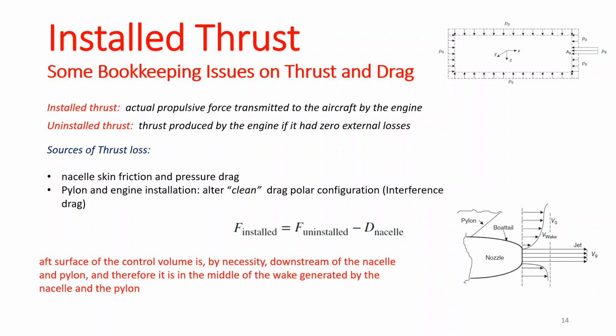So let's take a look at your outlet here, which is going to be after the pylon, right? So the wake generated by the pylon is definitely going to be there, right? What we did was that we assumed that the velocity here is v naught, right?